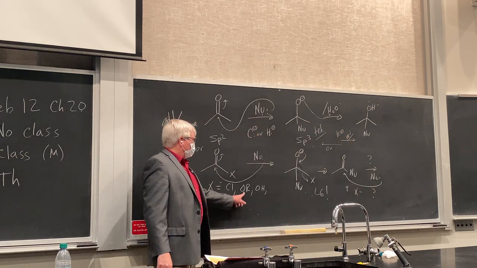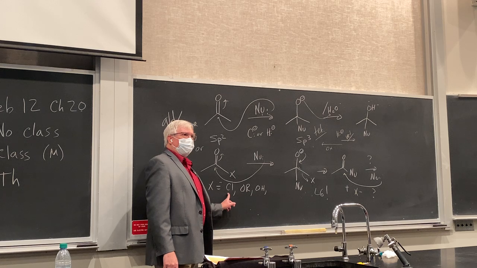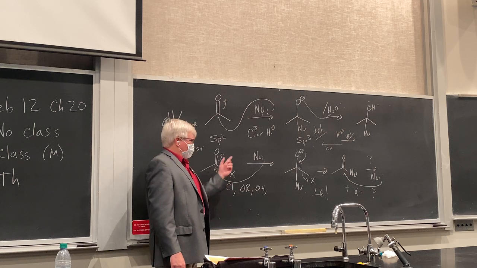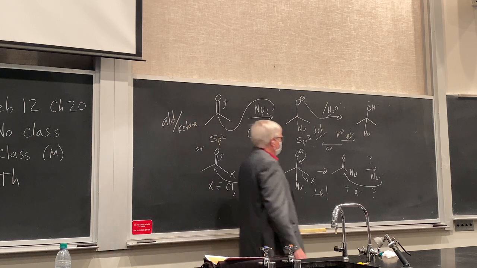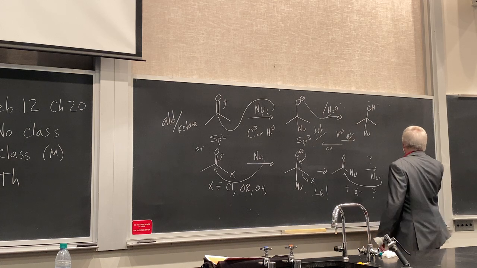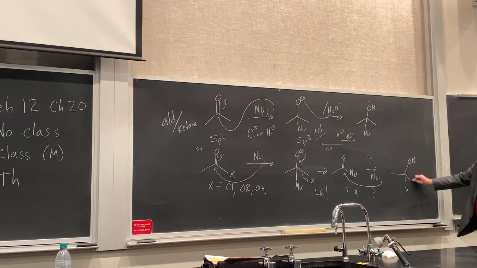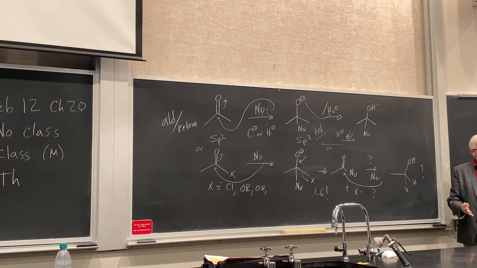We'll see that with esters and acid chlorides, with the Grignards, and also with the hydride reagents, okay? You can go all the way from the derivative down to the primary alcohol in that case, okay? If this is two hydrides here, okay, we'll have to see. But the mechanisms are the same, okay?